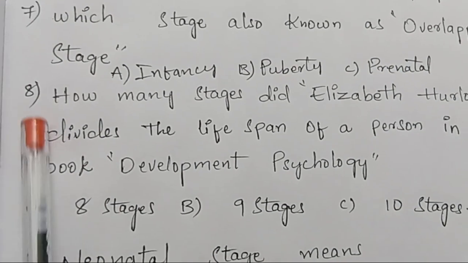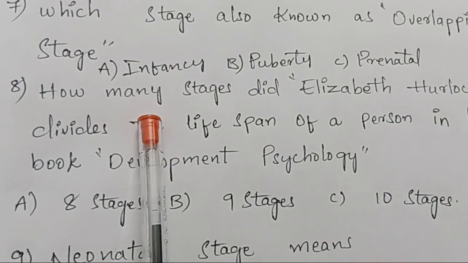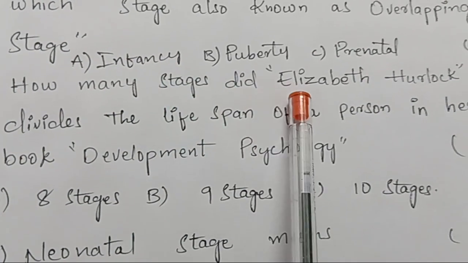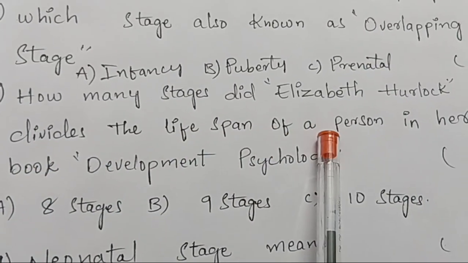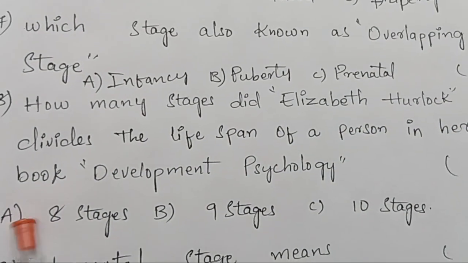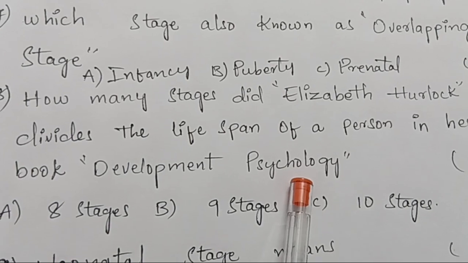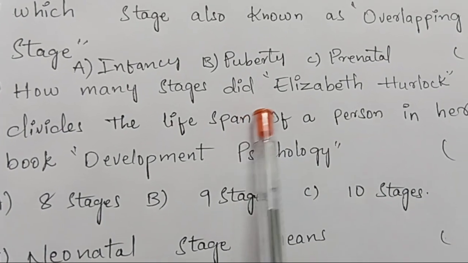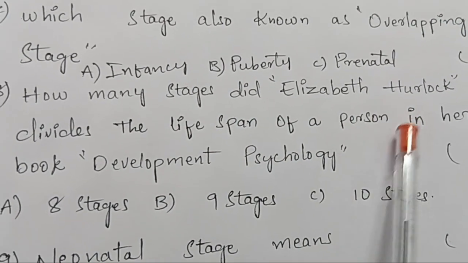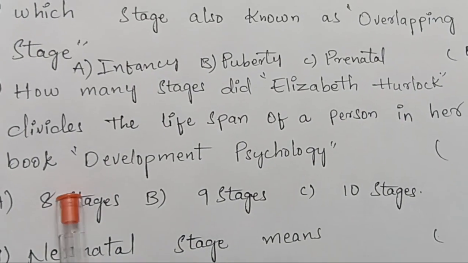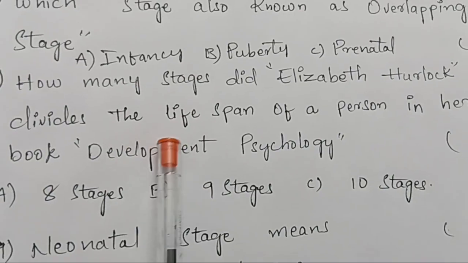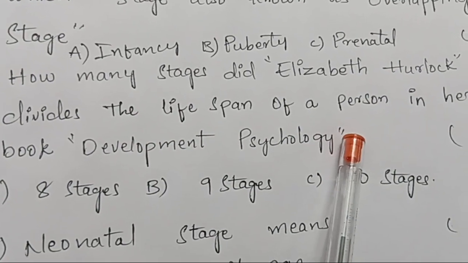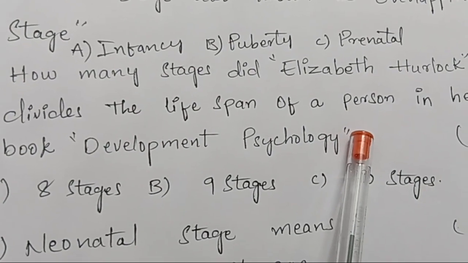Our eighth question is, how many stages did Elizabeth Hurlock divide the lifespan of a person into in her book Developmental Psychology? As we all know, Elizabeth Hurlock wrote a book called Developmental Psychology. In that book, she divided the lifespan of a person into some stages.